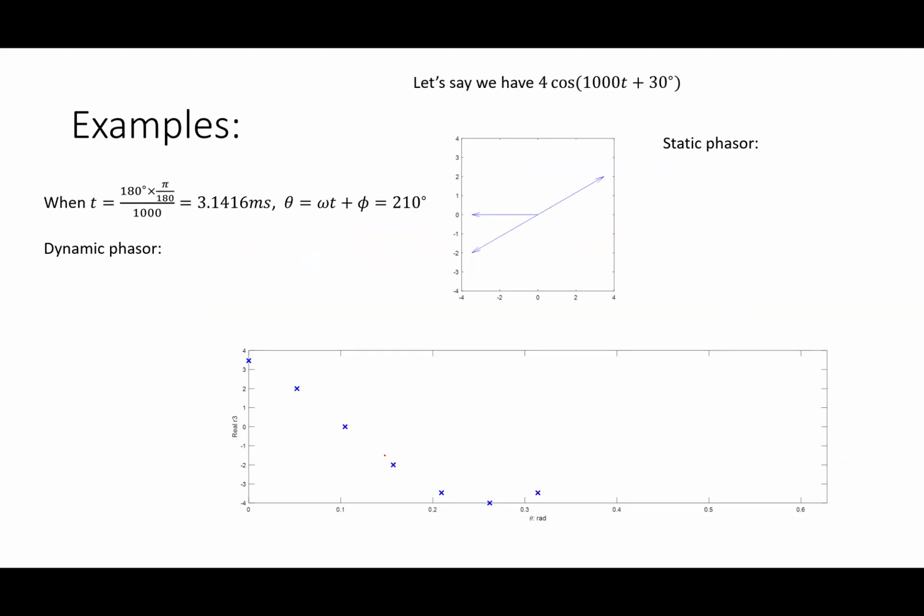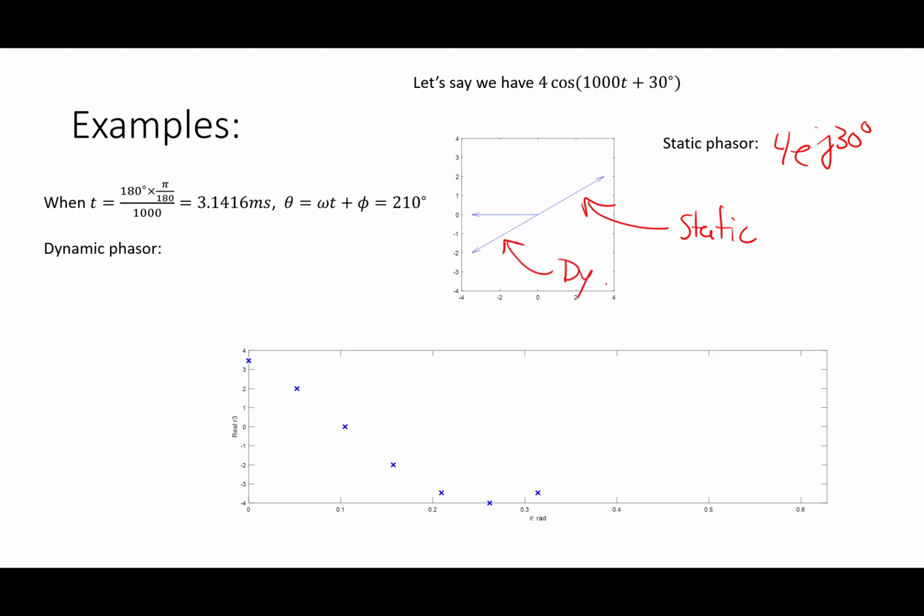All right. And I said, what happens when it's 210 degrees? At 210 degrees, without me writing anything here, which one's the static of this one and this one? Which one is the static? This is the static, yep, which is 4e^(j30 degrees). Which one's the dynamic? This one.